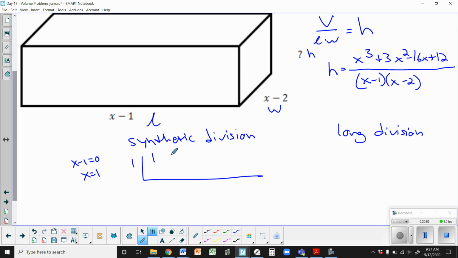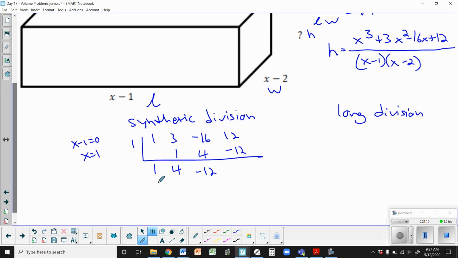We have 1, 3, negative 16, 12. We're expecting to have a 0 here because we know it's going to work. 1, 1, 4, 4, negative 12, and negative 12. All right, so 0. So we divided by x minus 1.